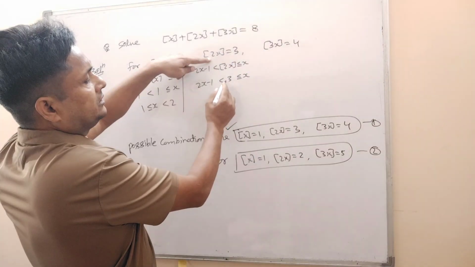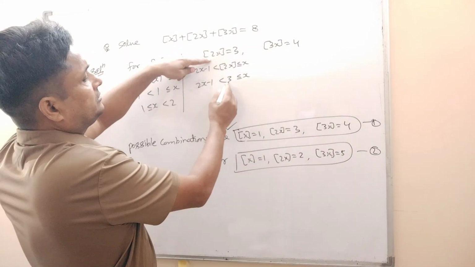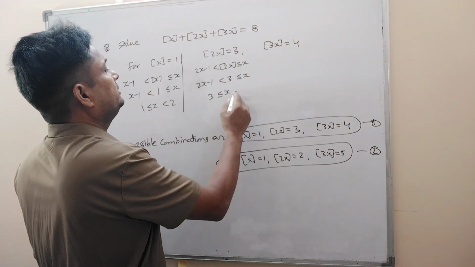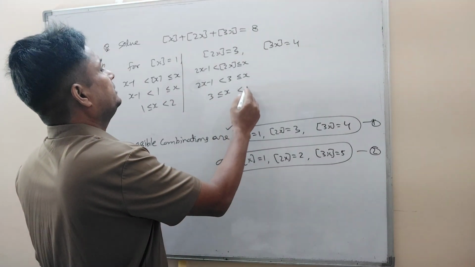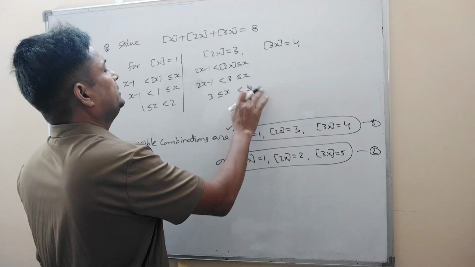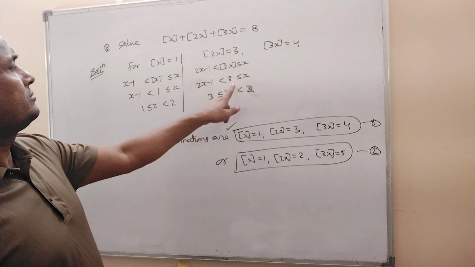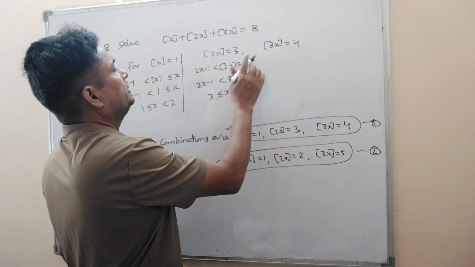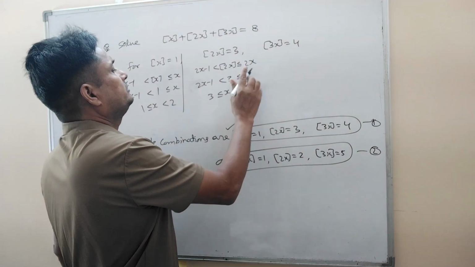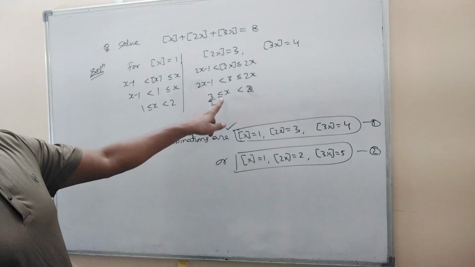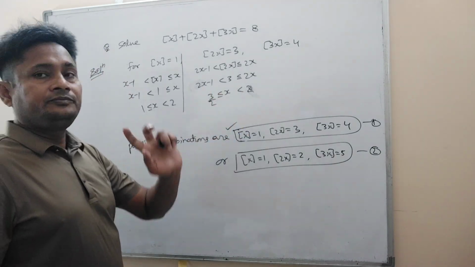This is giving you x greater than or equal to 3 by 2 and less than 2. So this will give you 3 by 2 to 2.